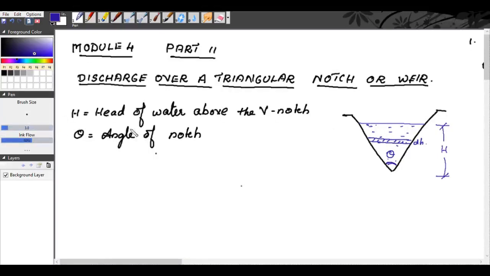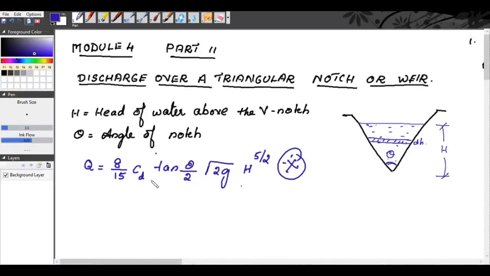So for a triangular notch or weir, the discharge is given by Q. Total discharge will be equal to, Q is equal to 8 by 15 Cd tan theta by 2 into root 2g into H raised to 5 by 2. Very important. 8 by 15 Cd tan theta by 2 into root 2g H raised to 5 by 2.